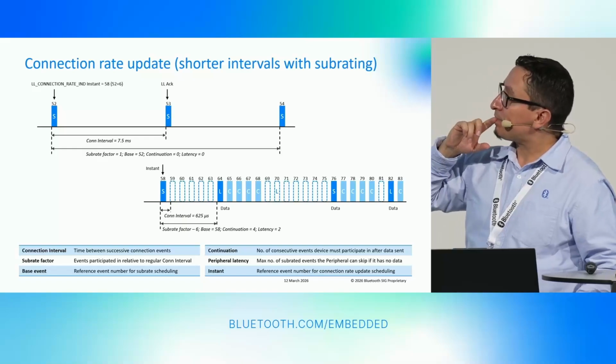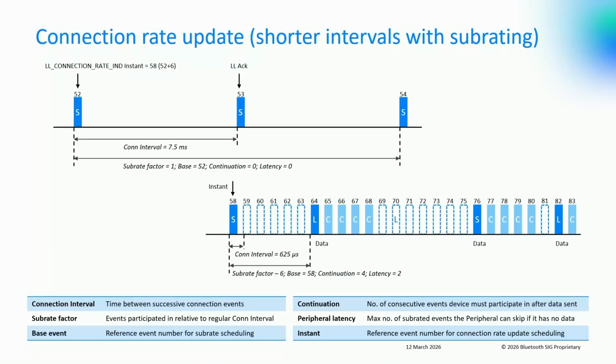But then the thing to keep in mind is that once you're able to bring down the connection rate to sub-millisecond if you want, you can play with additional parameters available to configure an ACL connection to support different use cases and play with power optimizations or data delivery optimizations using the subrate factor, base event, peripheral latency, etc. I'm not going to go into the details, but just be aware of that.